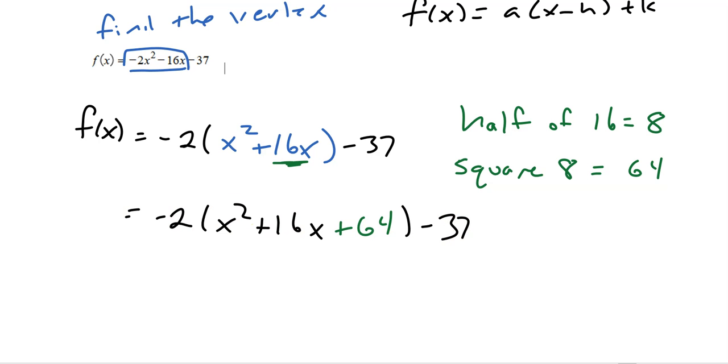Now, we all know you can't just start adding numbers. Okay? That's not allowed. So the trickiest part of this is I didn't add 64. Okay? What I actually added was a 2 times a 64, because you got to think we would be using the distributive property if we're trying to simplify it, right? So really what I put into my equation here is a negative 128.